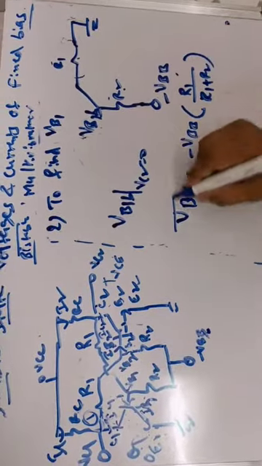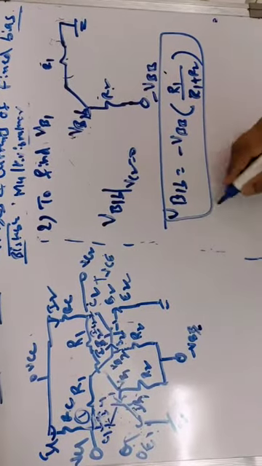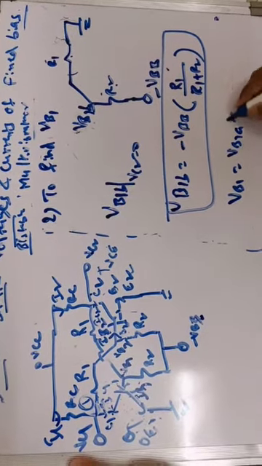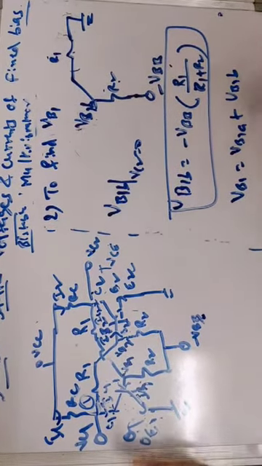So the total voltage now is a combination of two voltages. VB1 is equal to VB1A plus VB1B.